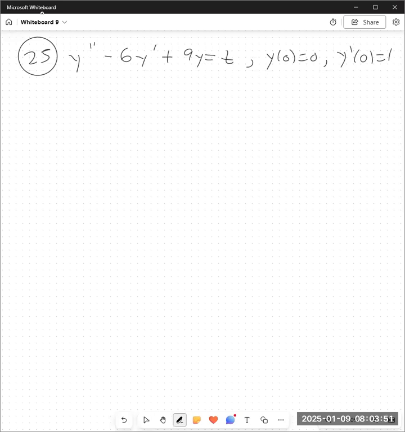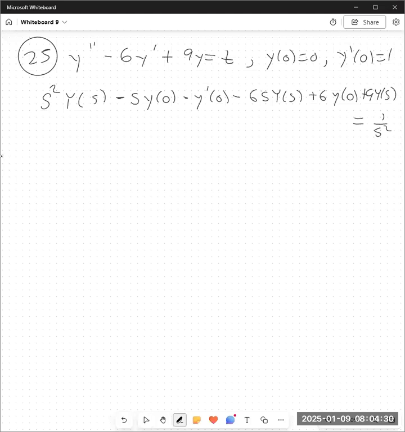So this is going to be s squared capital Y of s minus s y of 0 minus y prime of 0 minus 6s capital Y of s plus 6 y of 0 plus 9 capital Y of s is equal to 1 over s squared.